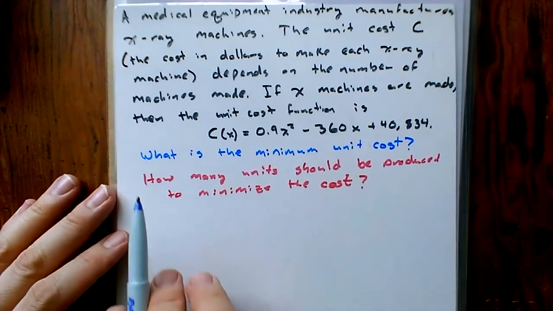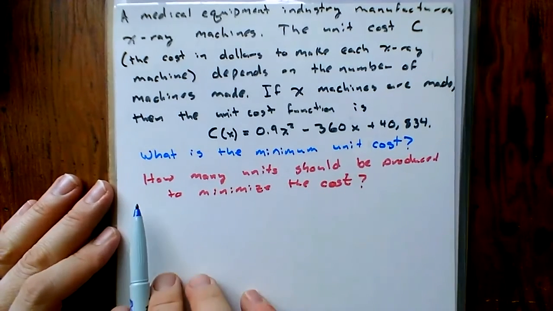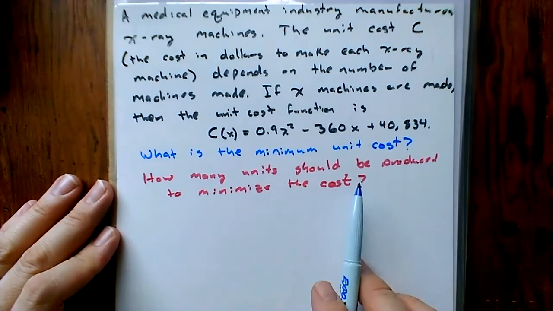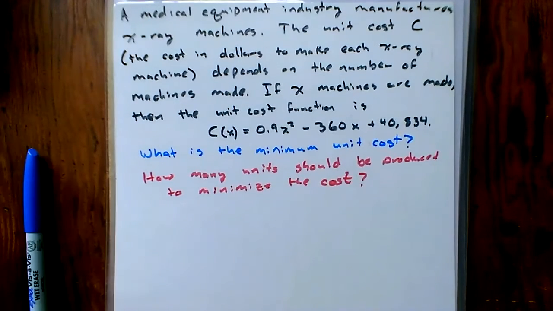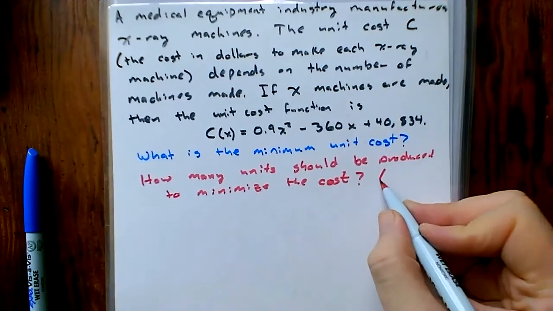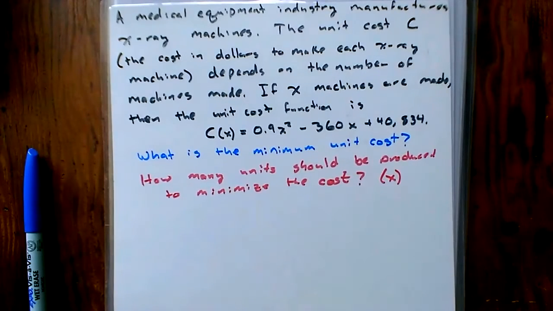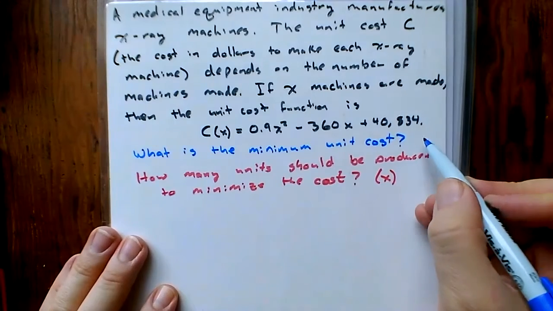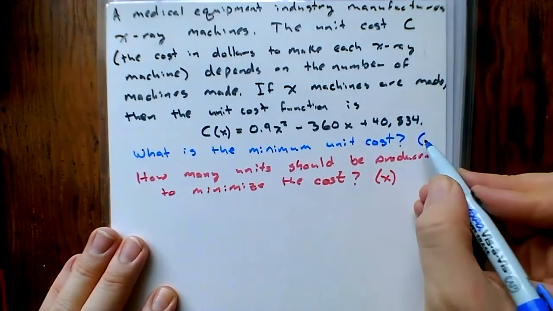And I've got two different questions here. How many units should be produced to minimize the cost? That would literally be the x. What is the minimum unit cost? Well, we're looking for the C or the y.